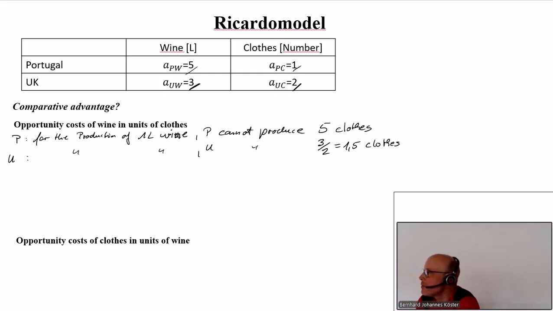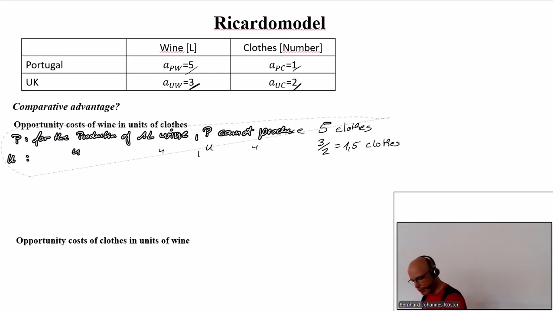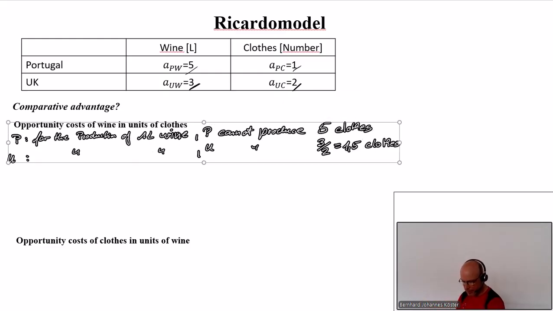And what do we have to do if we look at it from the other perspective, if we want to calculate the opportunity costs of clothes? Yes, 0.2, so 1 over 5, right? And 2 over 3, 0.6. Okay, great. So then, since I do it digitally, I think I will do it like this.